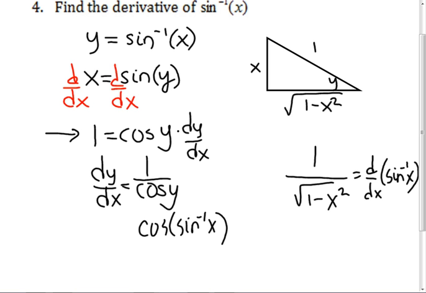Well, y is the inverse sine of x, so I want to do the cosine of inverse sine of x. If I go back a number of slides, you've got that on the other side of your paper. It's 1 over this. I'll make that mathematically correct there. There's a good reason why you should never shortcut something like I just did, because then you get confused.